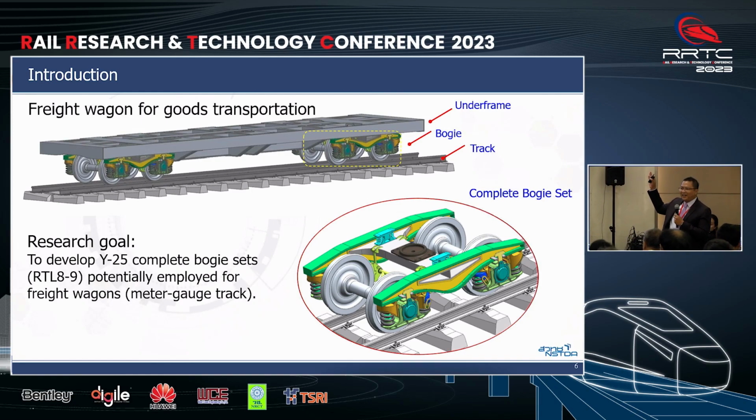Regarding the topic of my talk today, as I mentioned, I'm going to talk about the bogie. I want to thank Professor Ratapum, because he mentioned local content. He said that when we're talking about rolling stock in Thailand, we are not capable of producing the bogie.